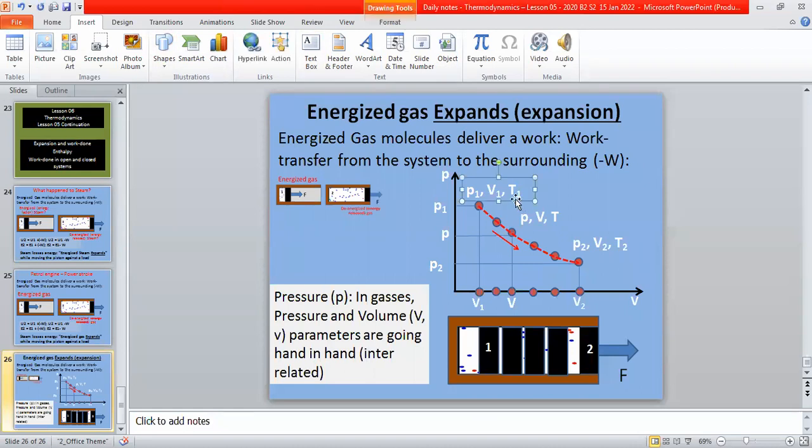PVT connectivity means, in maths, a function of PVT, if you take PVT as parameters.